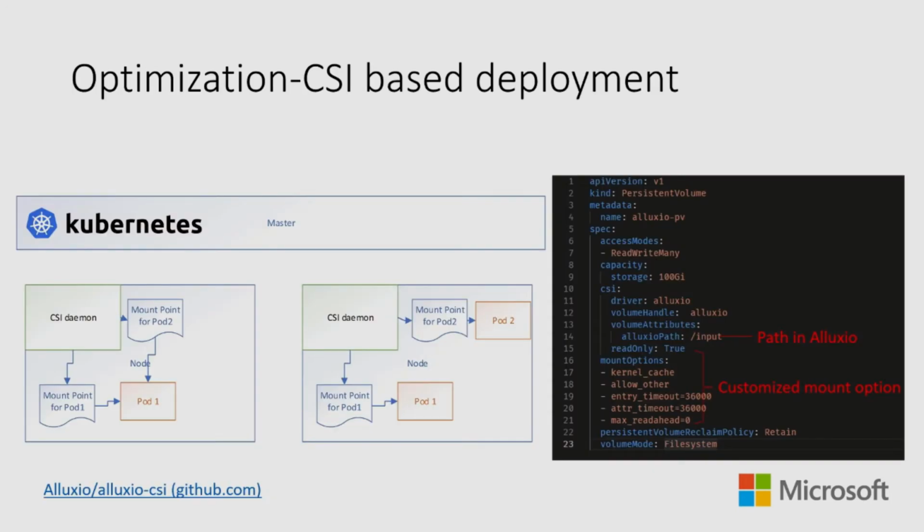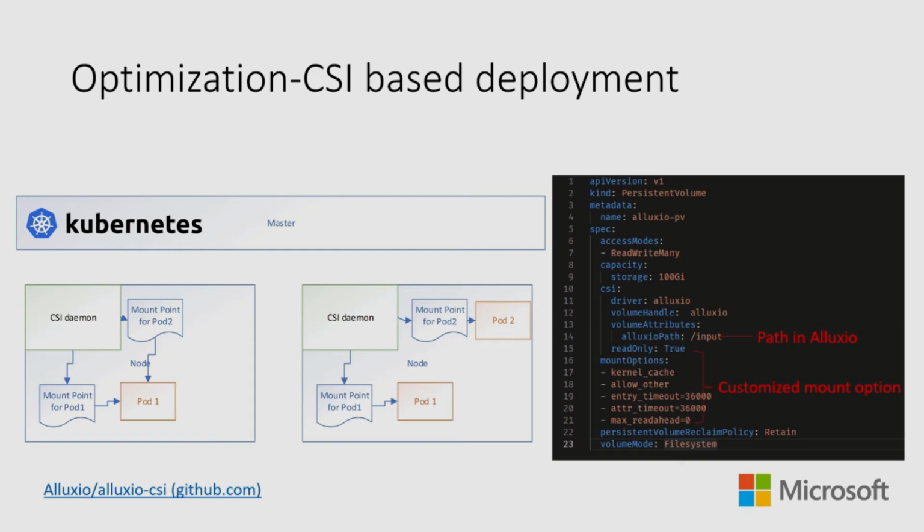Here I will show you some optimizations we did for Alluxio FUSE. First is the deployment part. We saw many different deployment methods from the community or from other companies. The basic deployment method is to deploy one FUSE daemon on each node, and all jobs running on this node communicate with the FUSE daemon to read and write data. We did not adopt it this way because our inference job needs to read data and then output data.